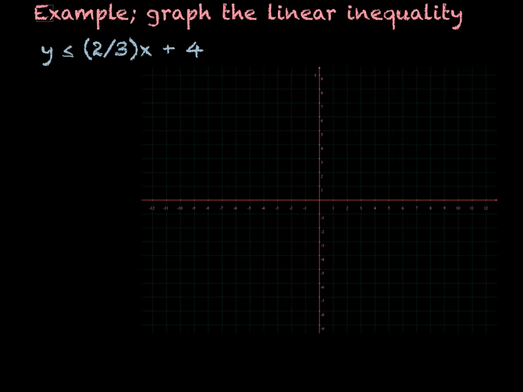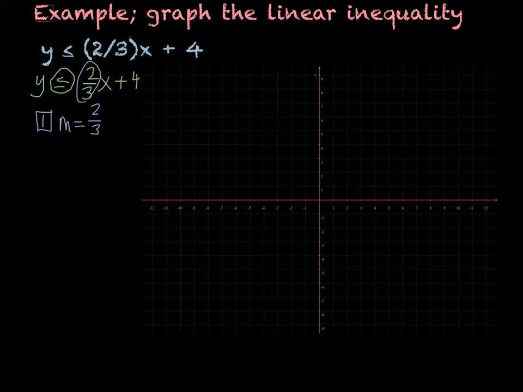Alright, so for this next one, we're going to be graphing the line y is less than or equal to 2 over 3 x plus 4. So the first thing I want to do is I want to find my slope, 2 over 3, which is the thing attached to the m.